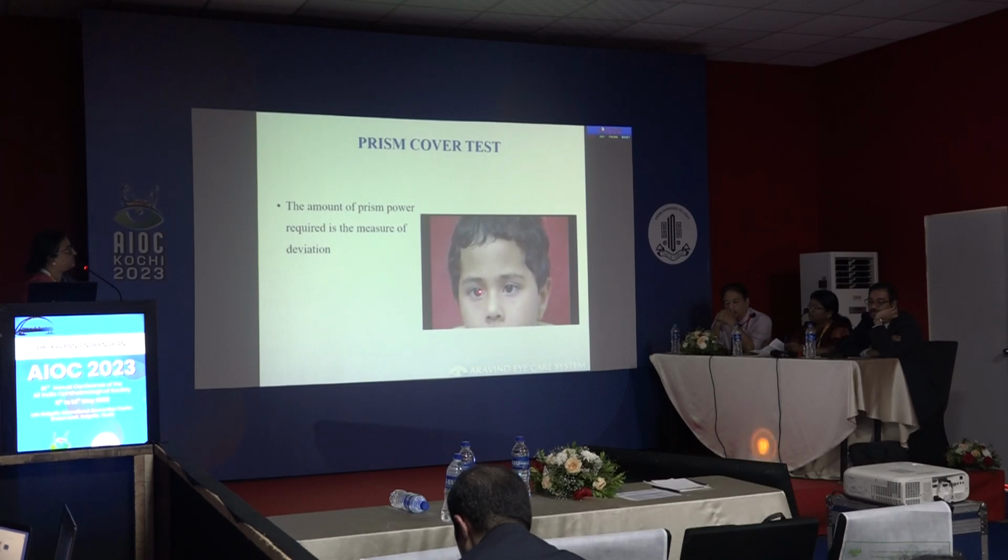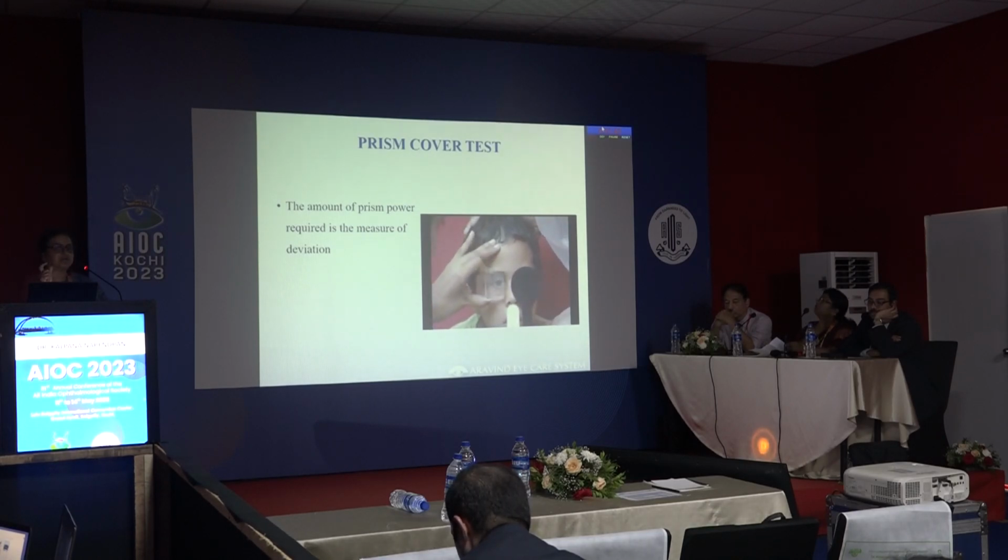So you place the prism, so this is how you can see the child, placing the prism on the normal eye, and then this is how you hold it. I'm just showing the prism, the diopters. Loose prisms are more comfortable. And never stack two horizontal prisms. You can stack one horizontal and one vertical.